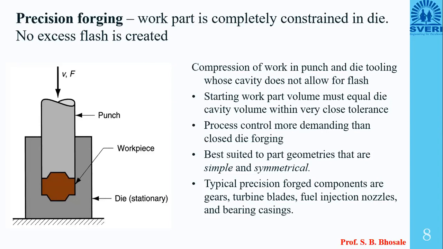So here simple and symmetric parts are manufactured. Typical precision forged components are gears, turbine blades, fuel injection nozzles and bearing casings. So large bearings and their casings, injection nozzles, turbine blades, gears, these are the typical examples of precision forging.